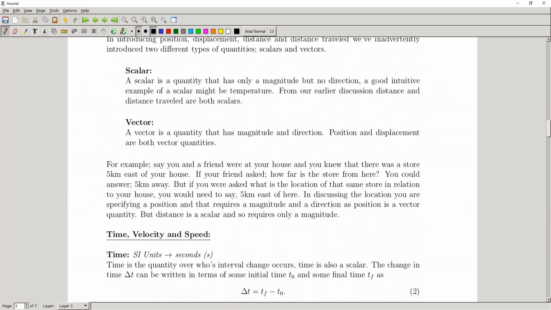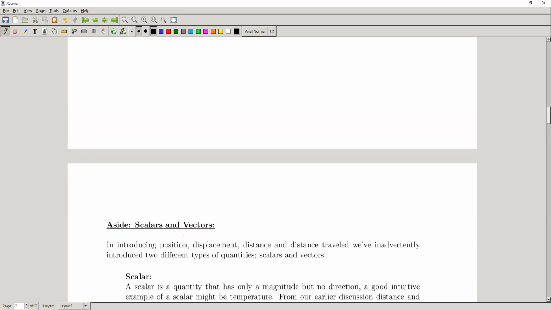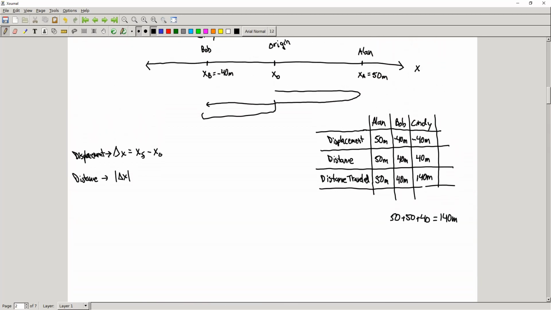So the quantities that we've just talked about, position and displacement, both of those are vectors. Both of those require magnitude and direction to be able to describe them. The distance and distance traveled, these are scalars. They don't have a direction associated with them.